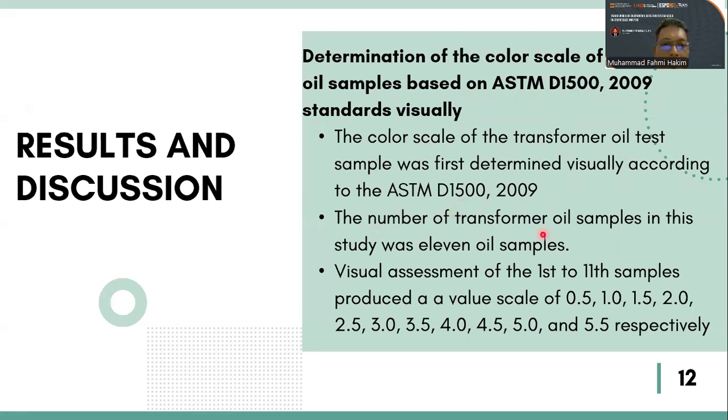The number of transformer oil samples in this study was 11 oil samples. Visual assessment of the first until 11th samples produced a value scale of 0.5 until the maximum of 5.5 respectively.